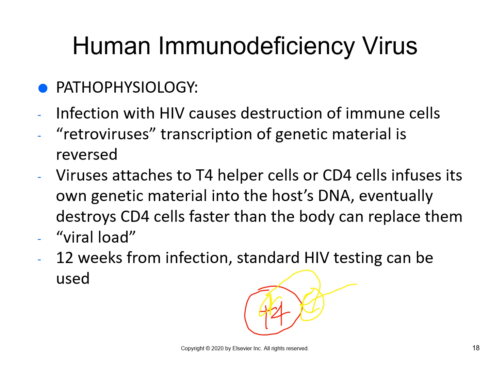It's not going to be able to read that yet, because it takes 12 weeks from the day they got infected before the HIV test can actually read the antibodies in the body of the patient.